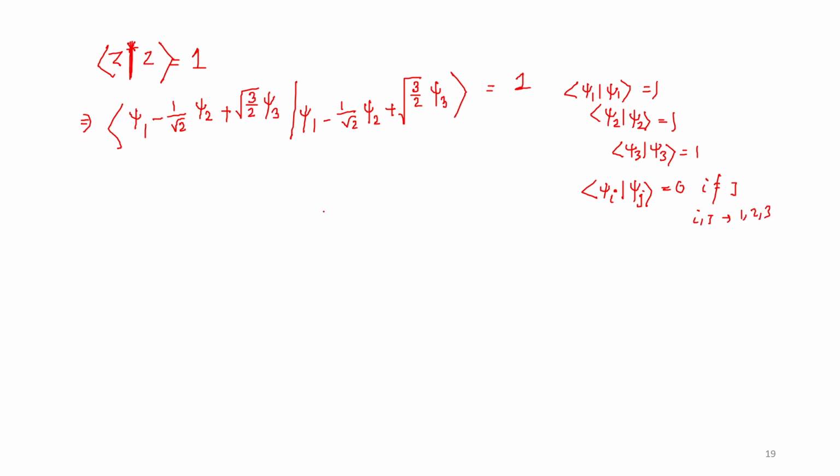So from there we can see the cross terms are going to be 0. That's a good thing. So it is 1 plus 1 by 2, and then psi 3 with 3 by 2. We are not even bothering about the cross terms because we know they are 0, and we told you that they are normalized. So this is 1.